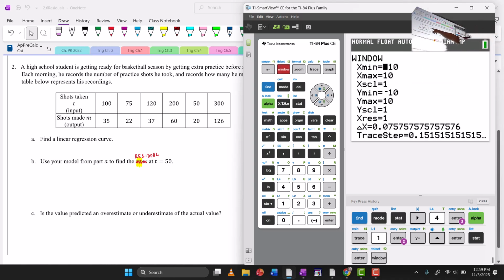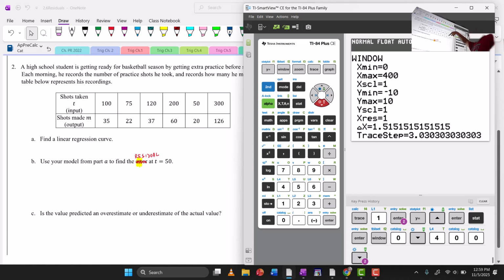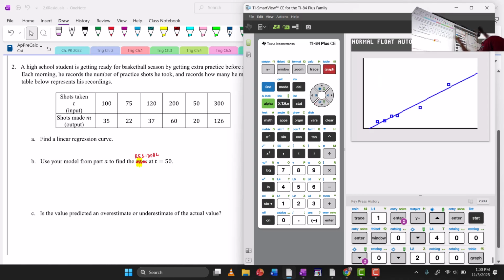Okay, because it isn't. Look at my X values. They go from 50 to 300. So my window should cover a little bit more than that. So I went from 0 to 400. And then the Y values go from 20 to 126. 0 to 200 covers that quite sufficiently. This is not rocket science.